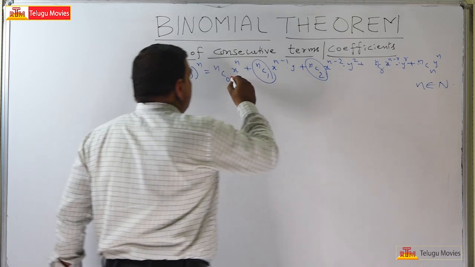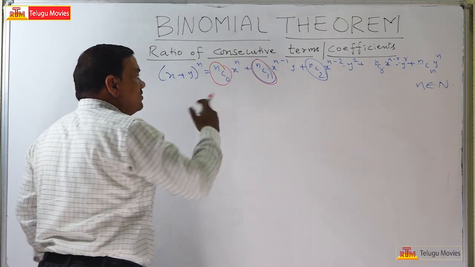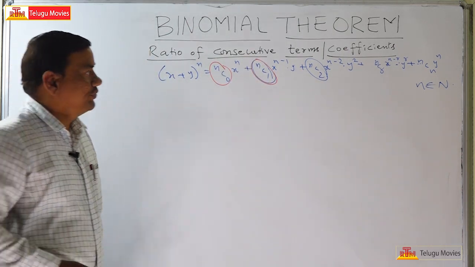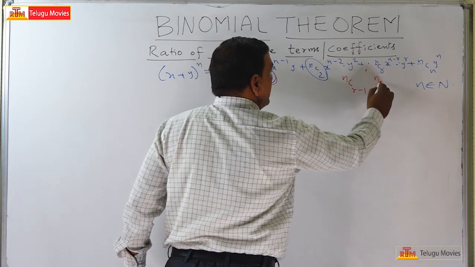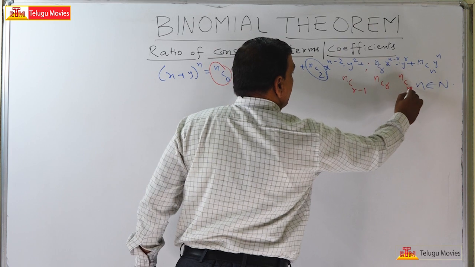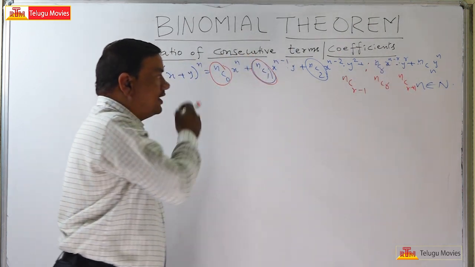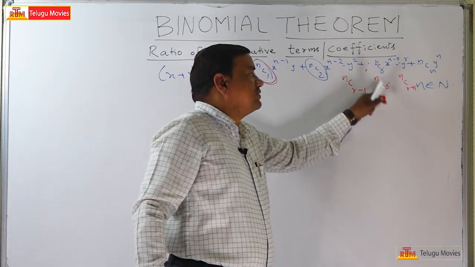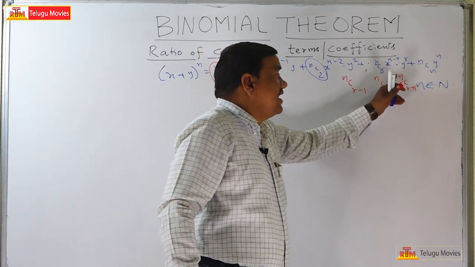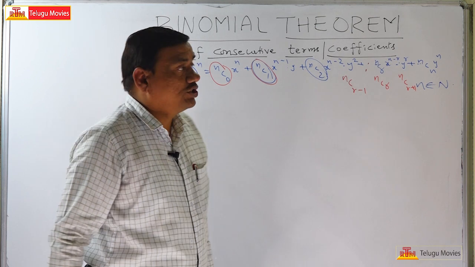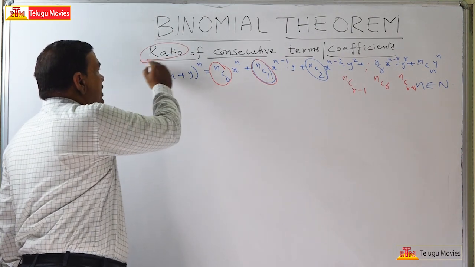And nC0 and nC1, these two are also consecutive. For example, in between nC(r-1), nCr and nC(r+1): nC(r-1) and nCr are both consecutive, and nCr and nC(r+1) are both consecutive. Now we are going to see the ratio.